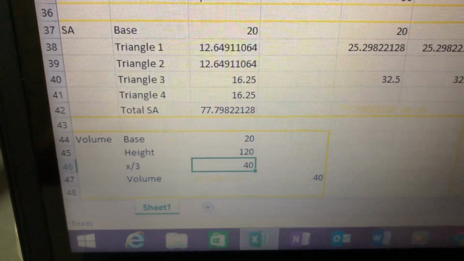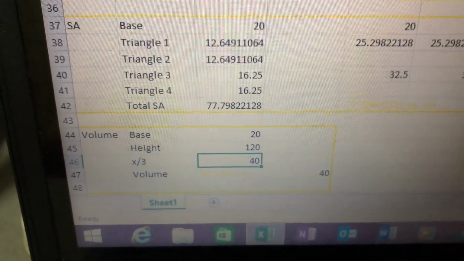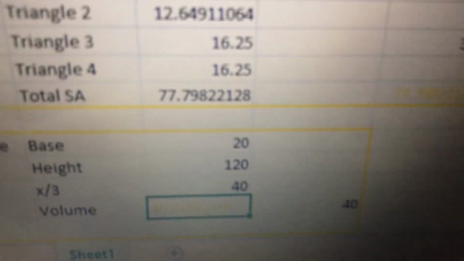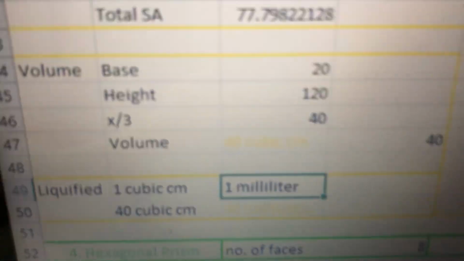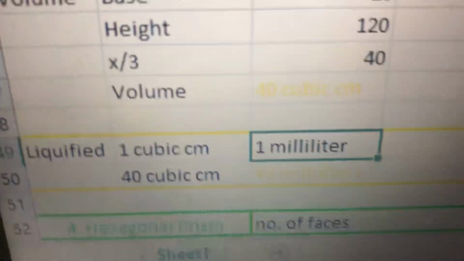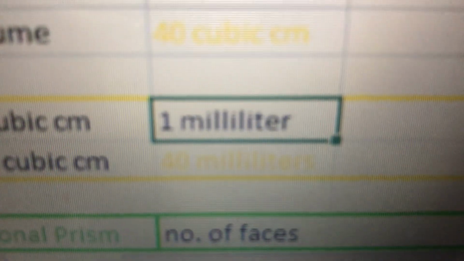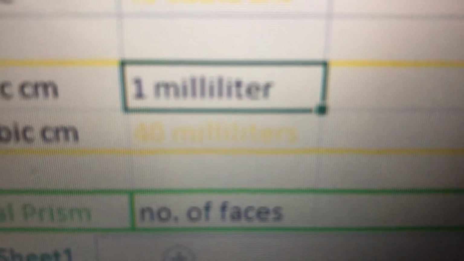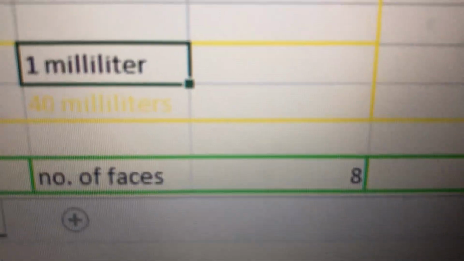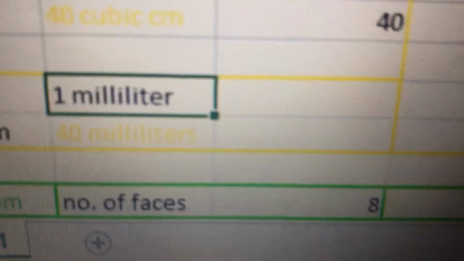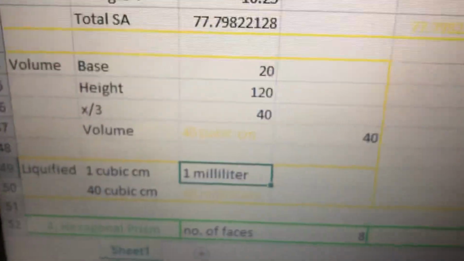And then from there, whatever answer I get, divide by 3. Then I got 40. So therefore, our volume is 40 cubic centimeters. Now, if we convert, it goes like this. 1 cubic cm is worth 1 milliliter. So 40 cubic cm is 40 milliliters. Okay? Now we already have our answer.